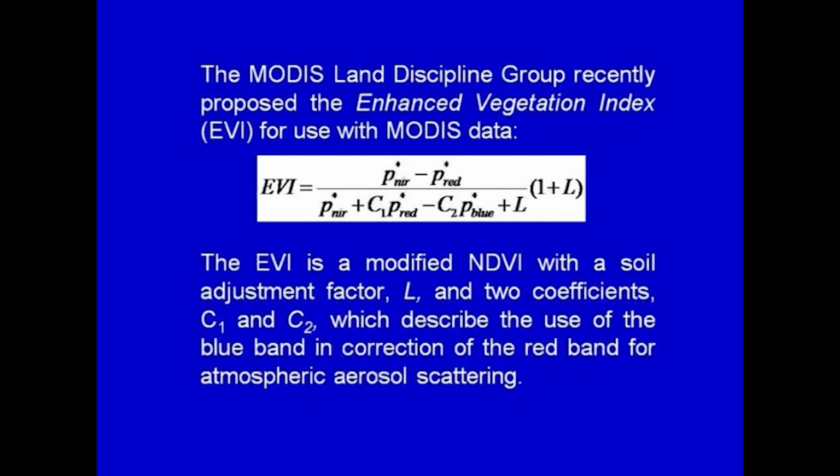The EVI is a modified NDVI with a soil adjustment factor L and two coefficients C1 and C2, which describe the use of the blue band in the correction of the red band for atmospheric aerosol scattering.